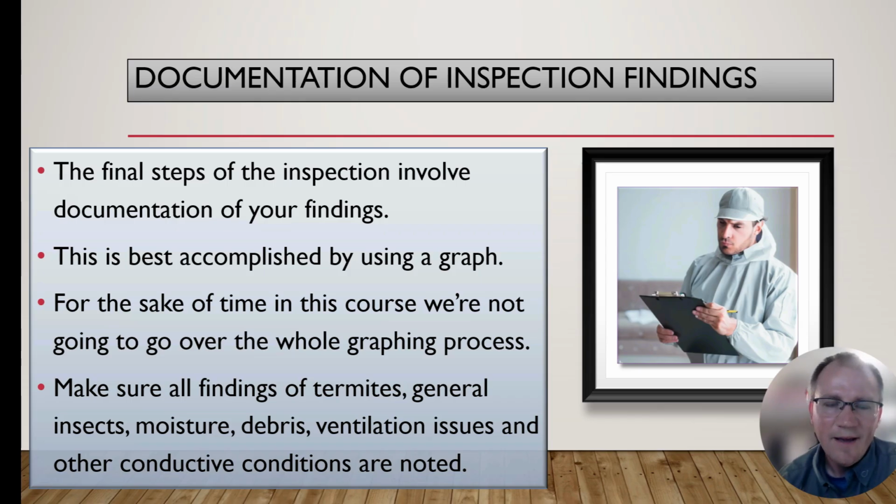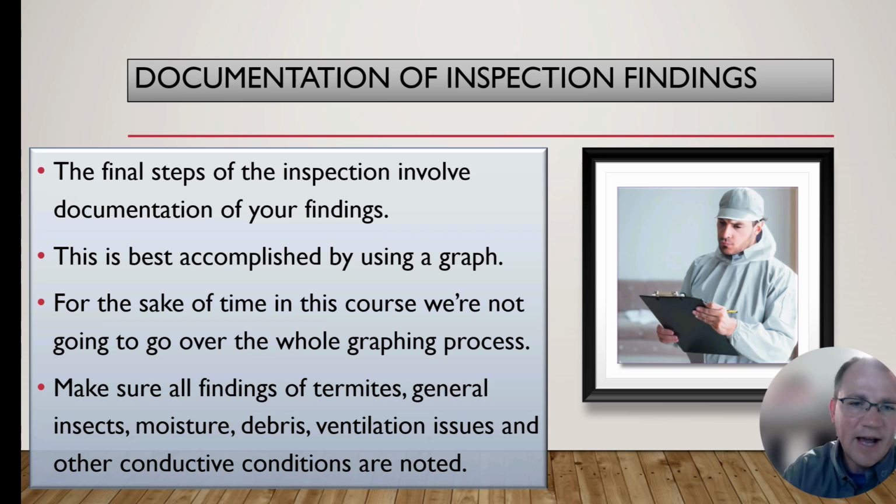I gotta tell you, there's so many things we can look at on inspections of crawl spaces that we could probably be here all day and not list them all. But I did want to mention that now that we've done all this work on the inspection and everything else, make sure you're documenting it well. So we mentioned before that each one of these steps you're finding wrong, you're going to need to document on a graph.